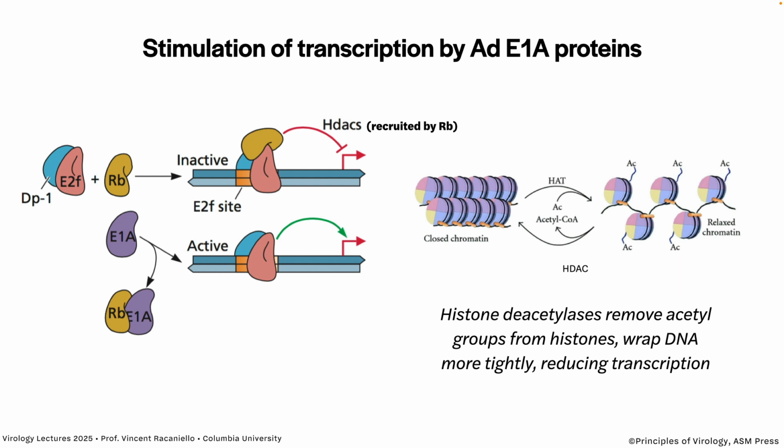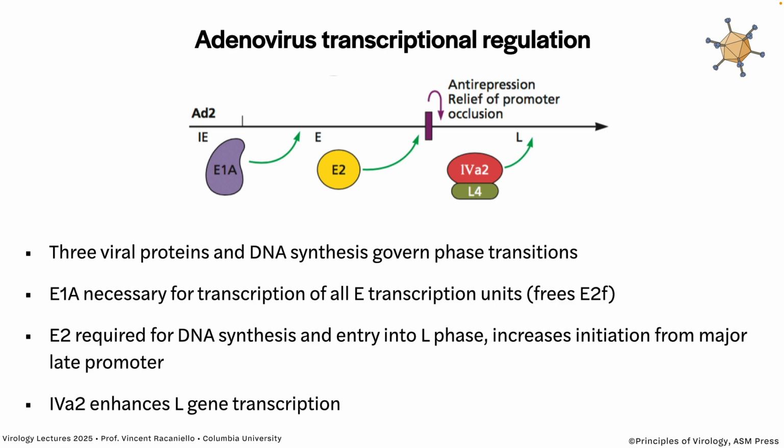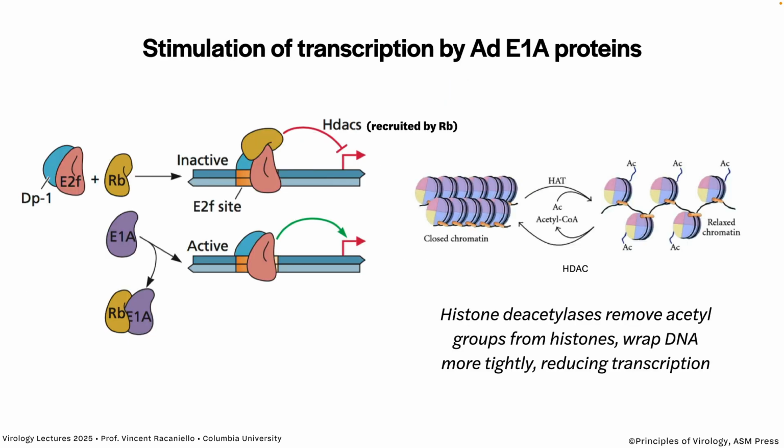So histone deacetylases remove acetyl groups, wrapping the DNA more tightly and reducing transcription. So that's why you need E1A, because E1A binds RB and prevents it from hitting promoters, and not just a cellular promoter, but the viral early region promoter. It needs E2F, and it can't get it unless E1A binds RB.